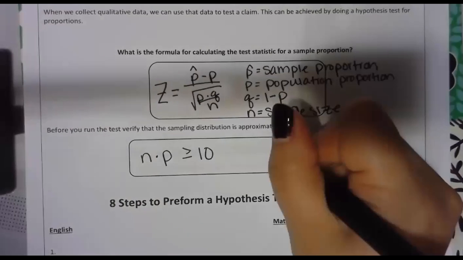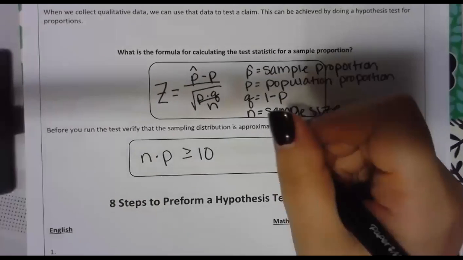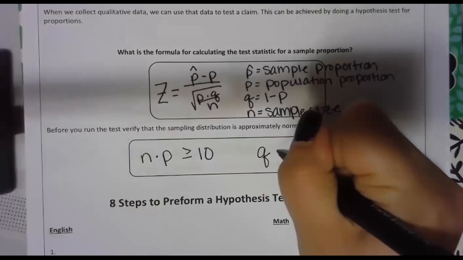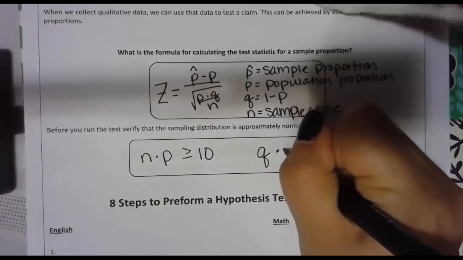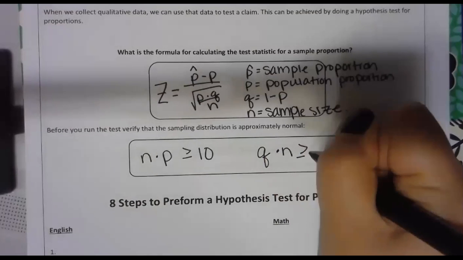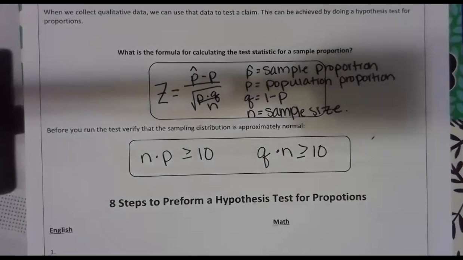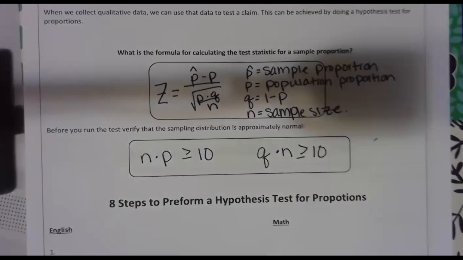Or you can also take your Q value, multiply that against your sample size, and that should be greater than or equal to 10. Oh, it's not an or, you have to do both.